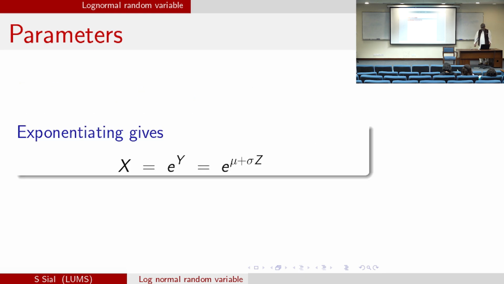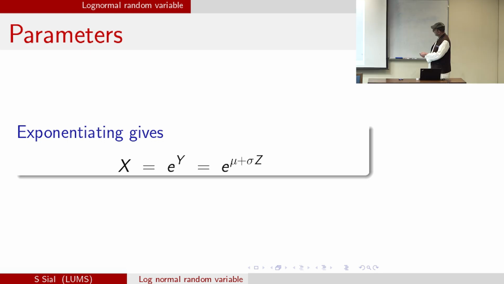Okay, so now if I exponentiate, the log normal random variable corresponding to this y is given by taking the exponential of y, right? So that's the exponential, what was y? Y was sigma z plus mu. So that's the exponential of mu plus sigma z. So every log normal random variable can be thought of as the exponential of some mu plus sigma z.